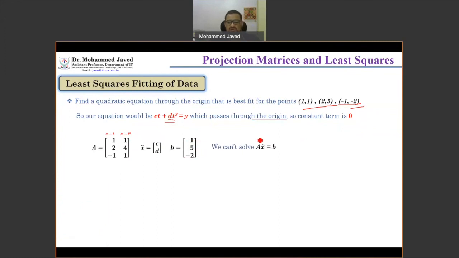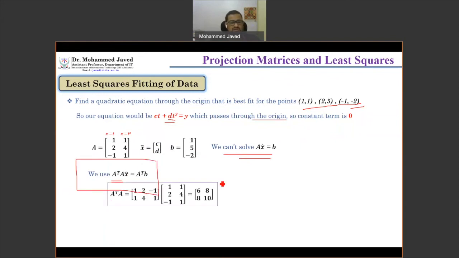So now we try to solve using A x cap equal to B, but we know that we cannot solve it because the line which we are trying to draw is not passing through all the points. So that is why we cannot solve this. So what we do is that we multiply by A transpose, so A transpose A into x cap equals A transpose B. So this is the formula we try to use and try to solve this.